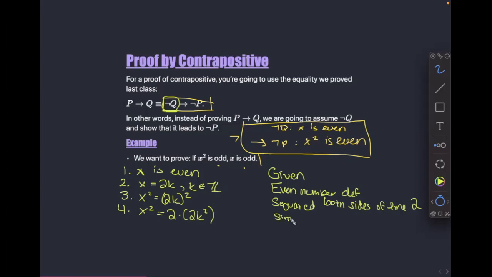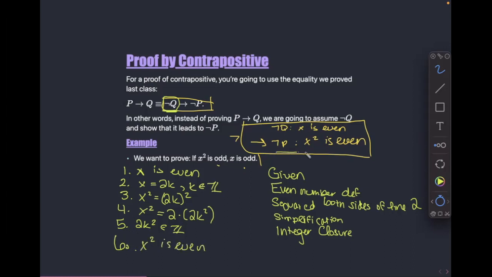This is my simplification. And then I'm also going to still use the fact that 2k squared is an integer using integer closure. So all very similar. And now I can use the fact that x squared is 2 times something and that something is an integer to say that x squared is even.